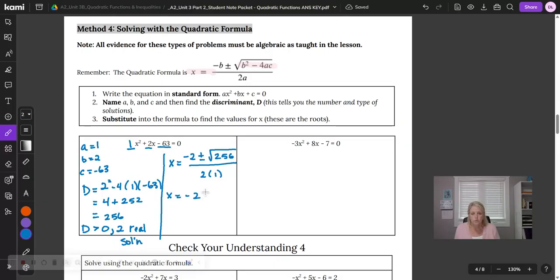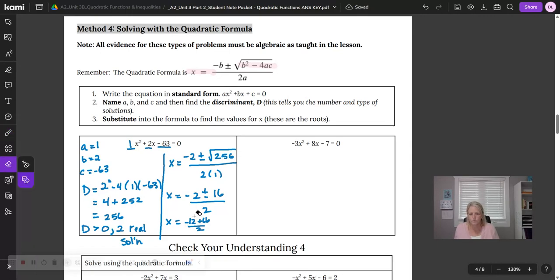So negative 2 plus or minus the square root of 256 is 16. And then 2 times 1 is 2. And here's where we're going to get 2 answers. Okay, so we have negative 2 plus 16 divided by 2. Okay, which is negative 2, not 12. Sorry.